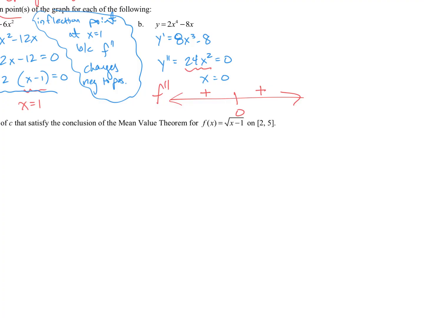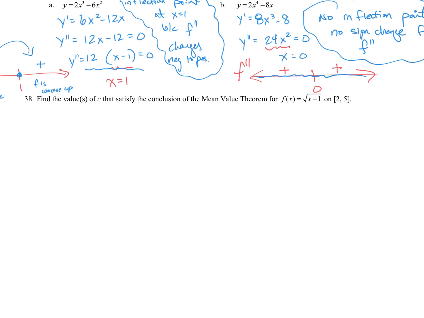So I know that f is concave up forever. So there's no inflection point here. And the reason is because f double prime never changed signs. No sign change for f double prime.